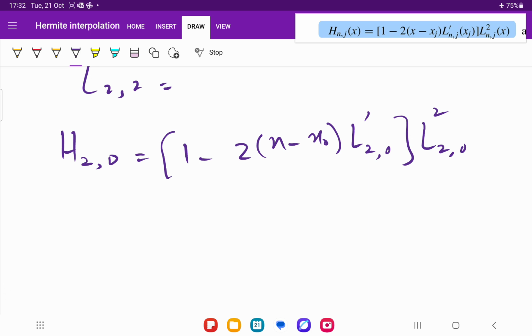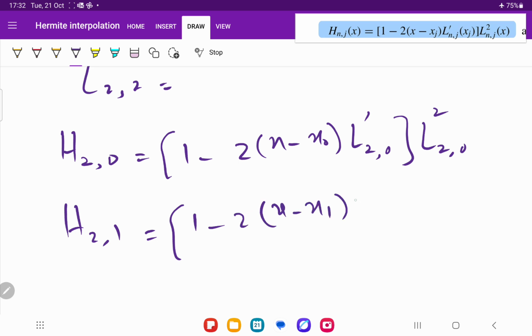So this is the expansion for 0, and again you will calculate h_2,1 because n will remain the same, and here it must be 1. So wherever you have put x0, it should now be x1, L_2,1 dash, L_2,1 squared.